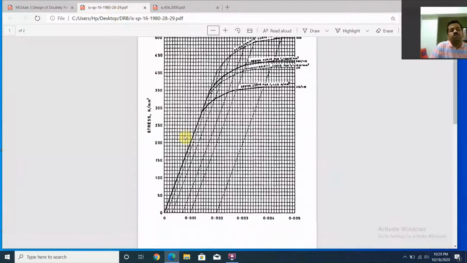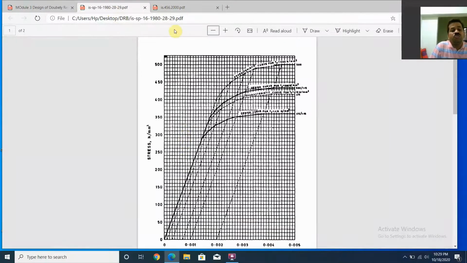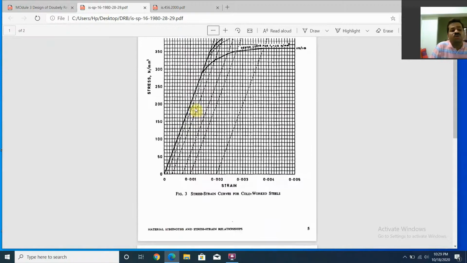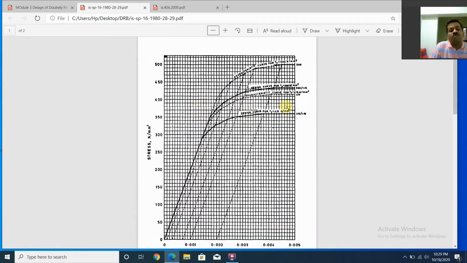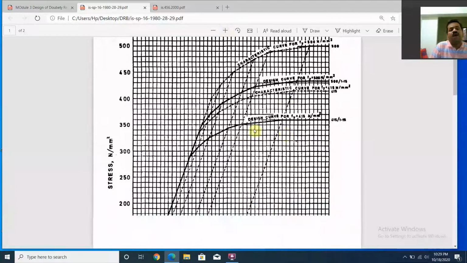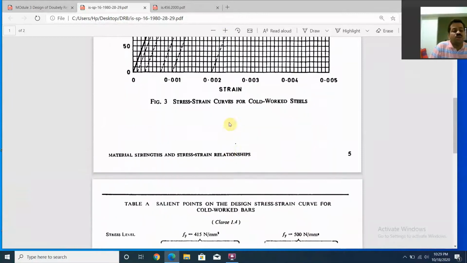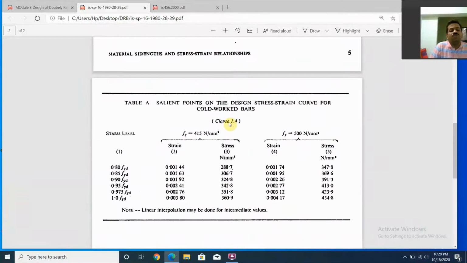to go through SP16 by referring to the graph. In the case of mild steel, FSC is equal to 0.87 fy. But in the case of Fe 415 as well as Fe 500, I have to refer to the graph. But referring to the graph takes time in an examination. So you have Table A, page number 6 of SP16, where for Fe 415 the values are given.